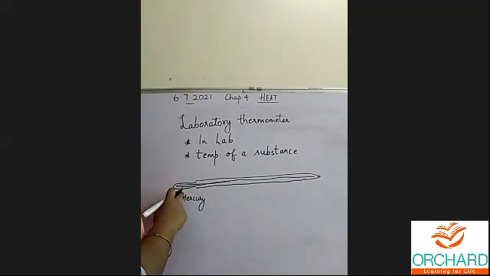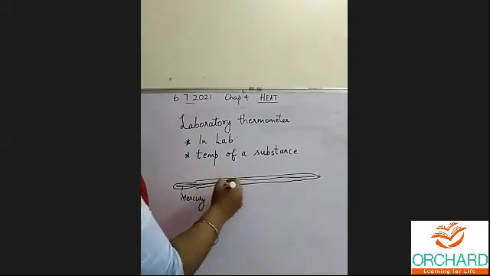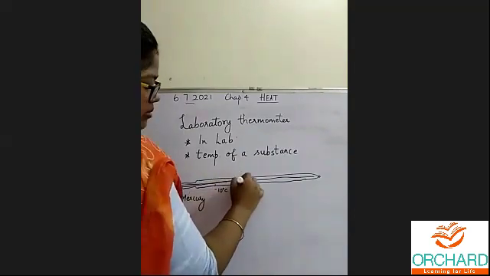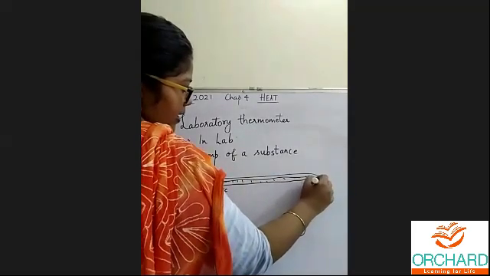Okay, the glass tube which is inside the thermometer has markings which will start from minus 10 degrees Celsius. So from minus 10 degrees Celsius, the markings at the end are till 110 degrees Celsius.